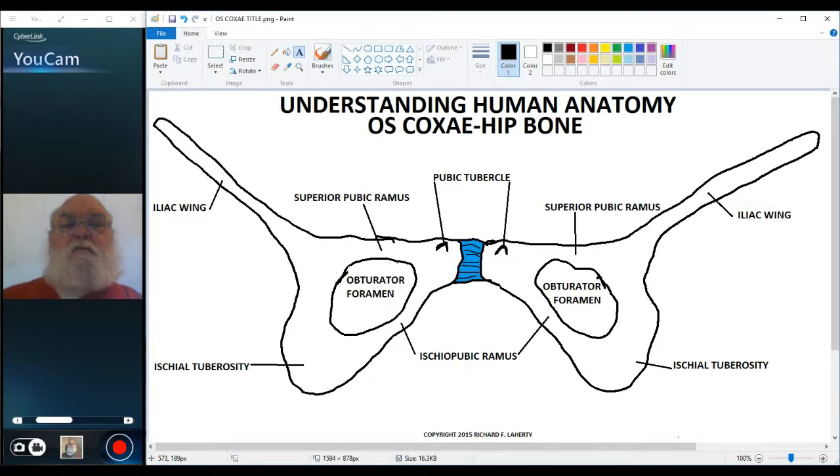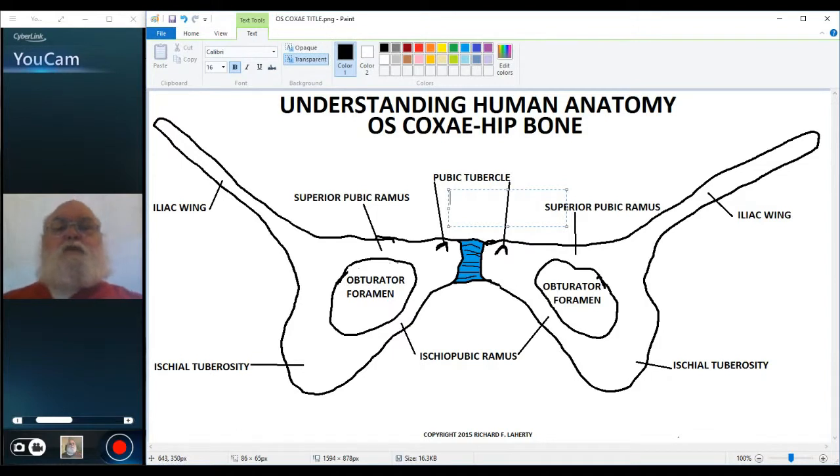And what that means is that it's a hybrid type of structure between a ligamentous, dense, irregular, collagenous connective tissue and hyaline cartilage.